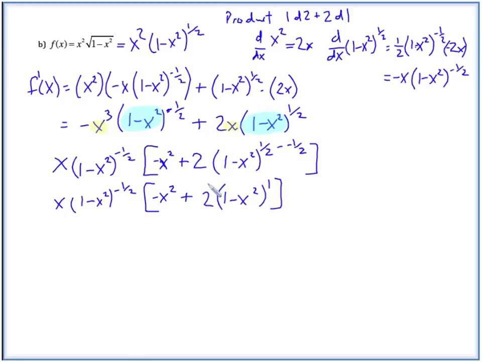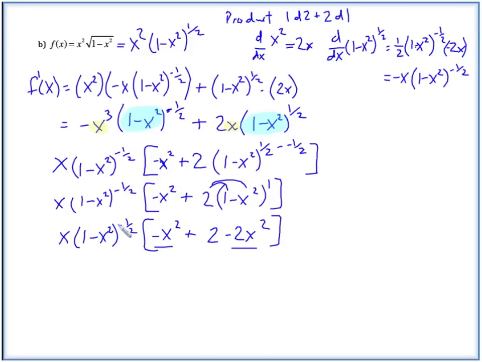Okay, at this point, we're going to go ahead and distribute our 2 now. We can do that because this is to the first power. So this becomes 2 minus 2x squared. And we still have the negative x squared here, and our factor out in front. And now you can see we can combine our x squareds, and we're going to flip our negative exponent underneath.